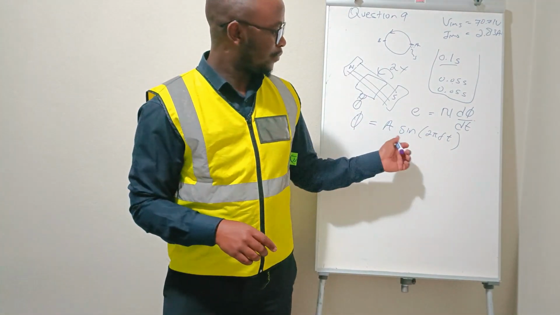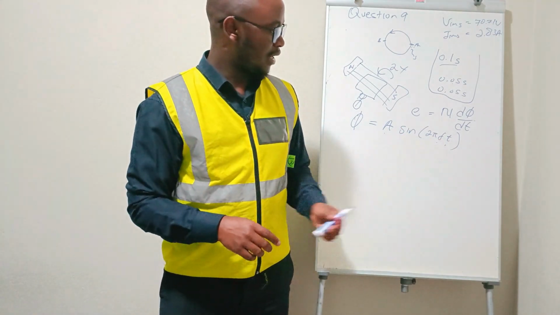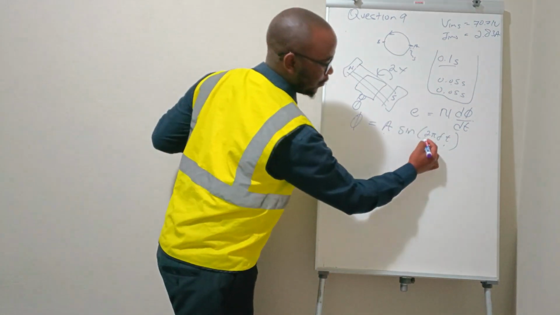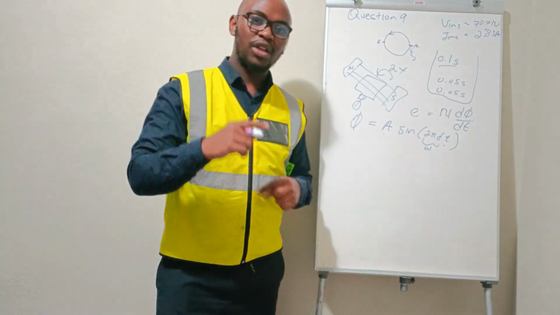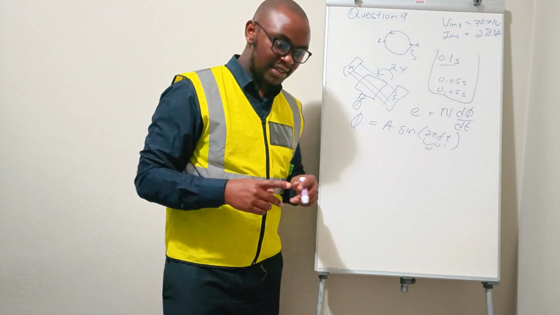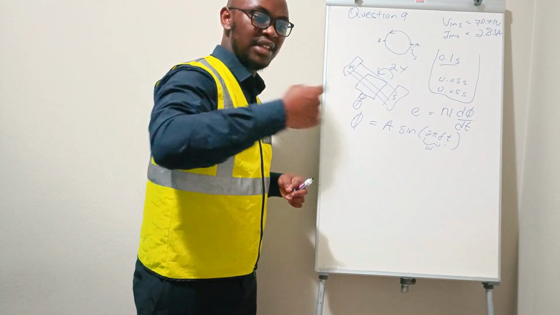What we see here is that there's an amplitude, there's a frequency, and there's time. What is frequency speaking about? Frequency we can look at as omega, where we're talking of the rotational speed. Frequency is how frequently we are crossing a certain mark.